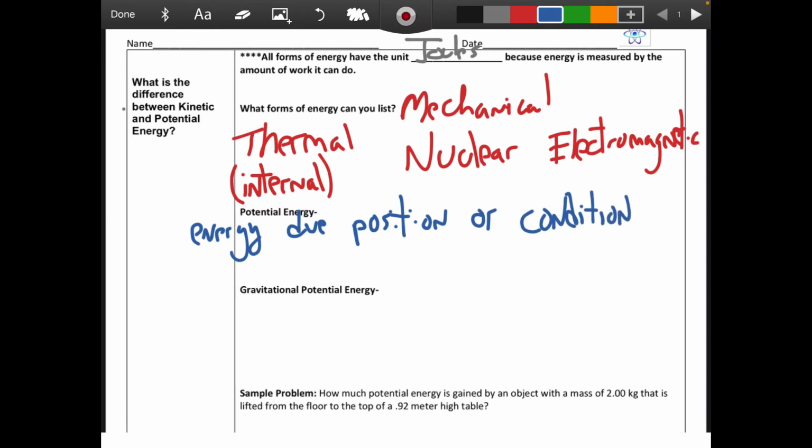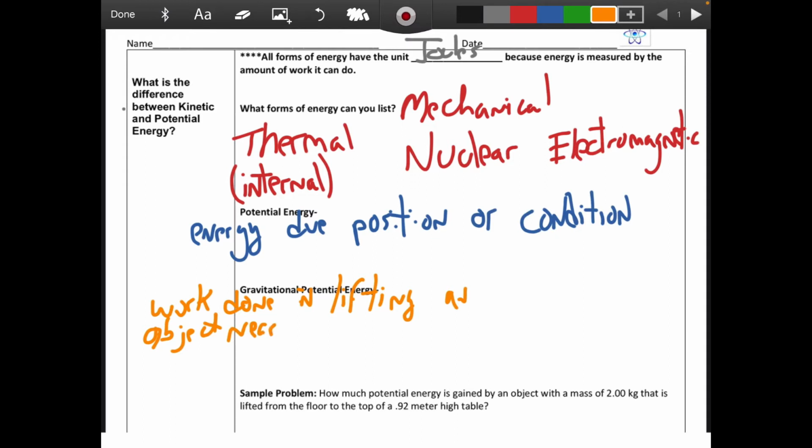So when we're focusing on gravitational potential energy, basically what that is, it's going to be the work done in lifting an object near Earth's surface.